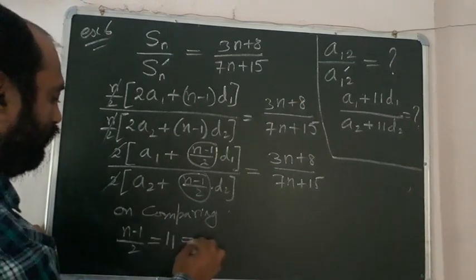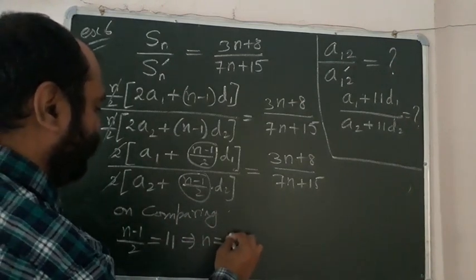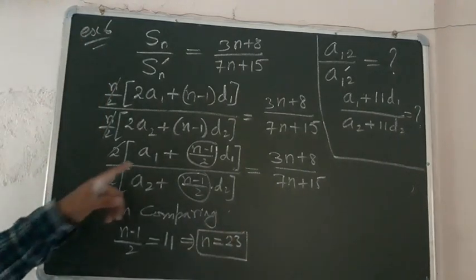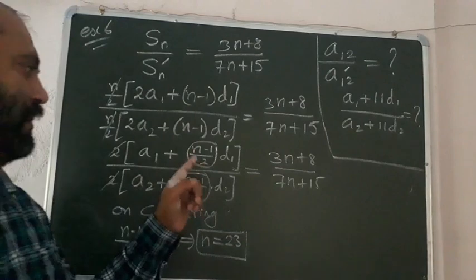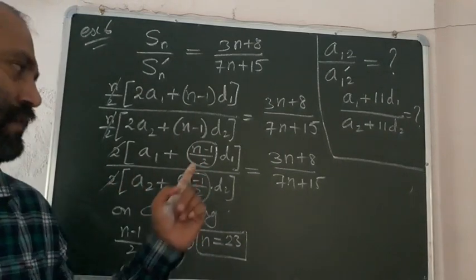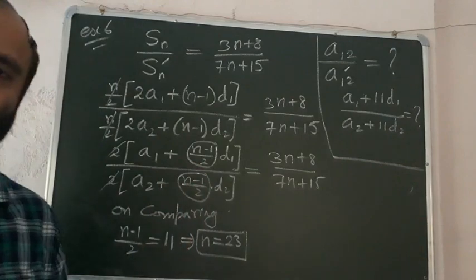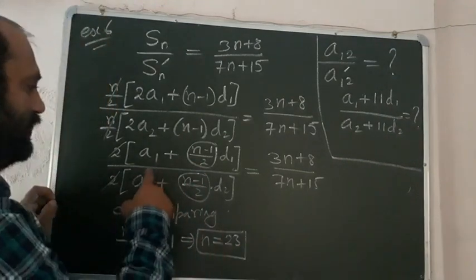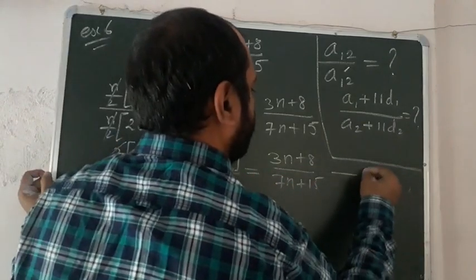So from this we will get the value of n is equal to 23. If we put the value of n as 23 here, we will get the 12th term of the first sequence and the 12th term of the second sequence. So put n is equal to 23 in equation number 1.